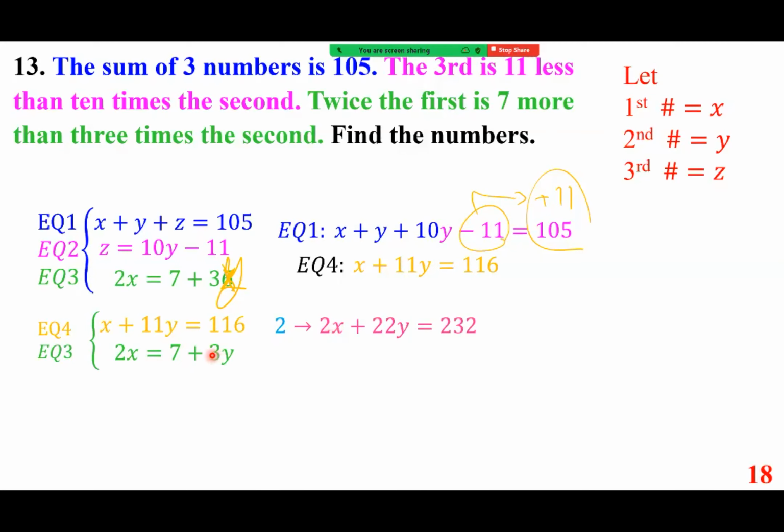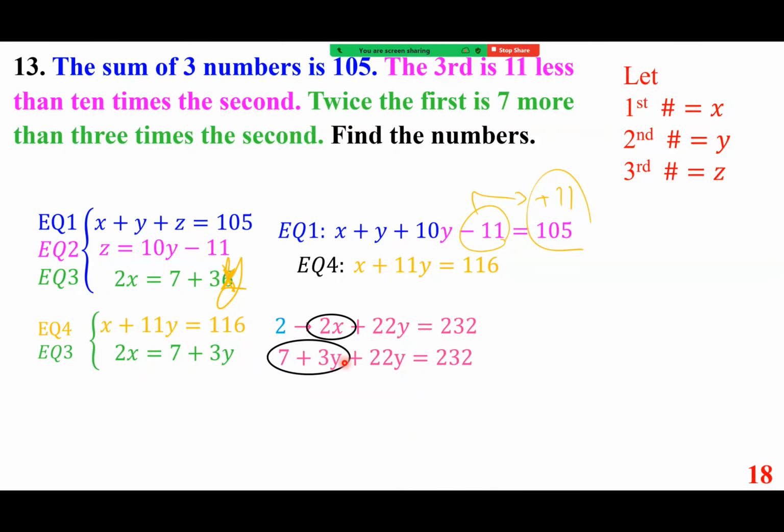Instead of solving for X, it's easier this way, believe it or not. Again, I wanted to show you different methods. This is not the only method. You can choose any method you want. I'm going to change the 2X to 7 plus 3Y.